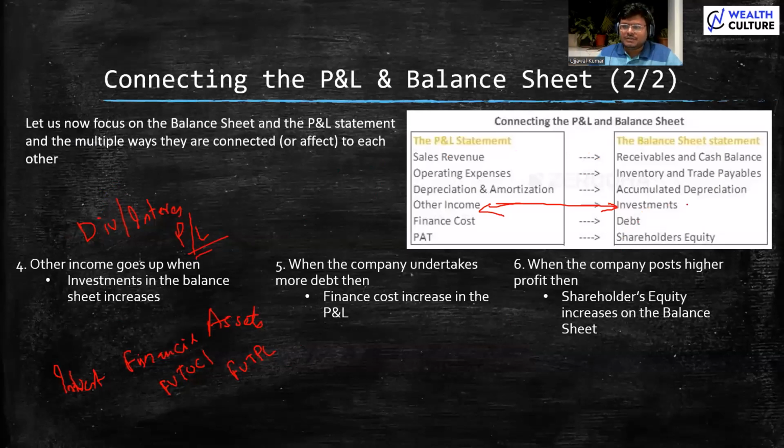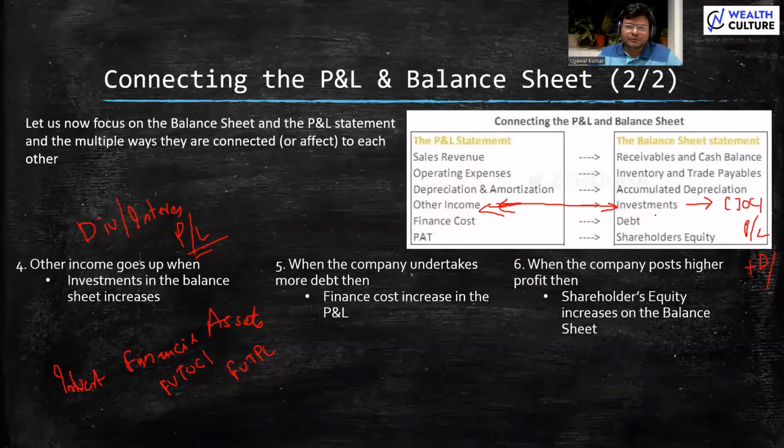So for the investments that you do, there will be a change in the value of investments, which will be captured either through OCI or the P&L. Plus, there will also be dividend or interest received, which will be captured in the other income part of the P&L. So that's how these two elements are related.